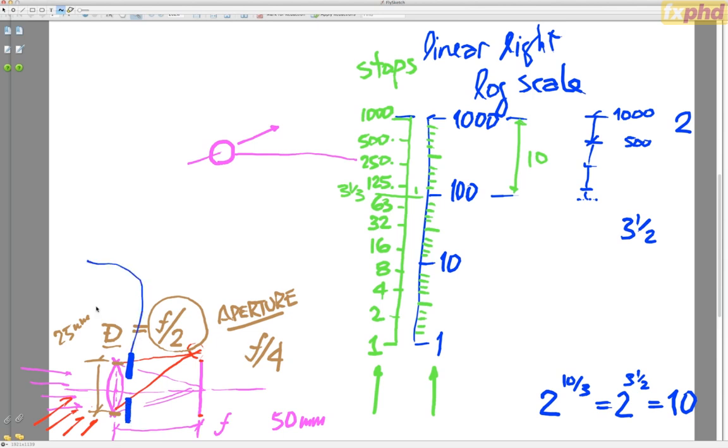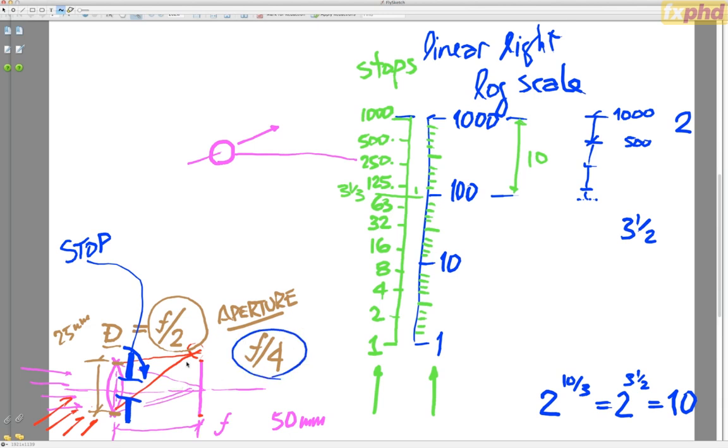So this element in the lens is called the stop. Why? Because it stops light. It's as simple as that. And it's adjustable, and there's a ring on the lens typically that alters the size of that opening. And we calibrate that opening in terms of f-stops.